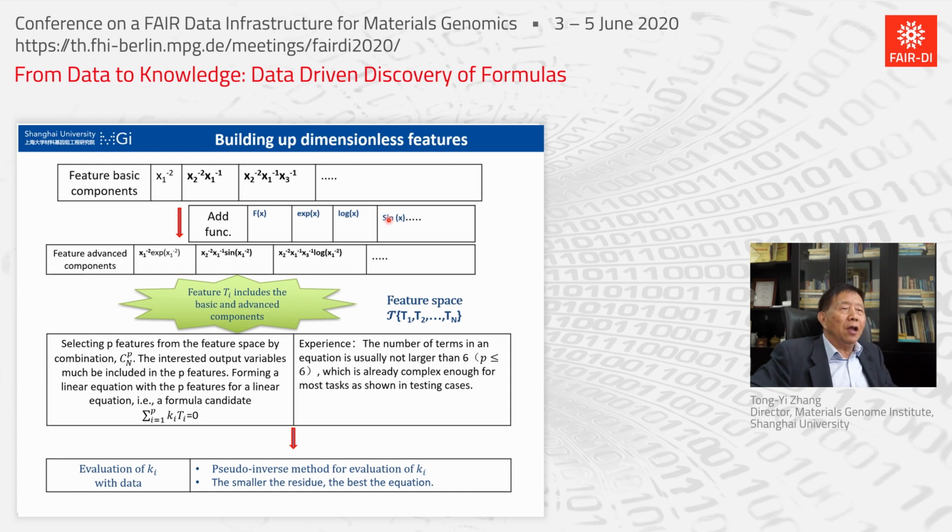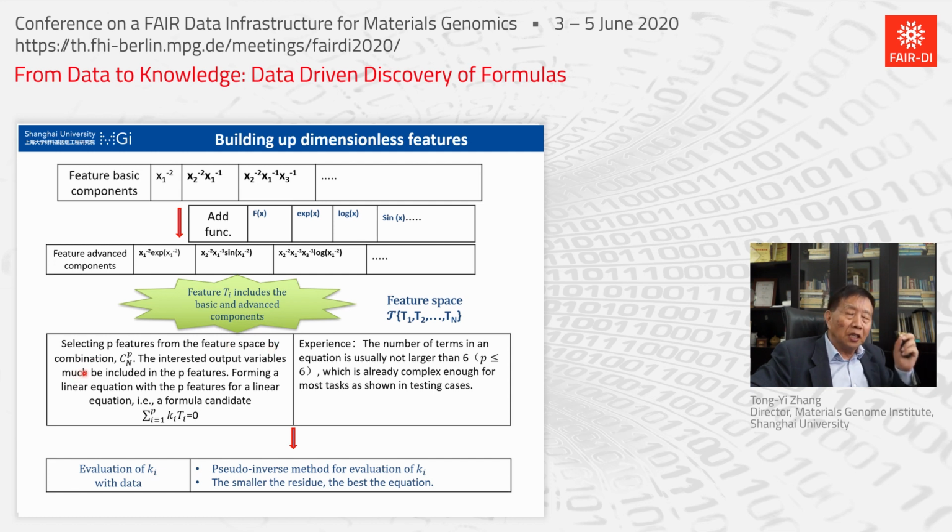When we add those functions, we get a lot of features. We build up what we call the feature space. Here n means how many features there are in the feature space. Then in the next step, we select p features from the feature space by combination.